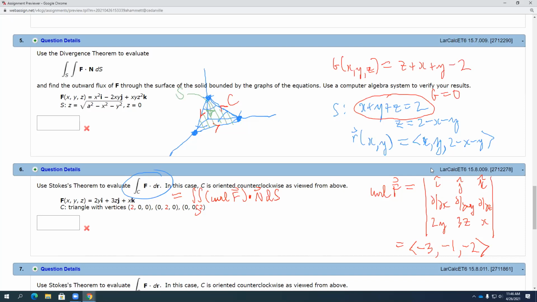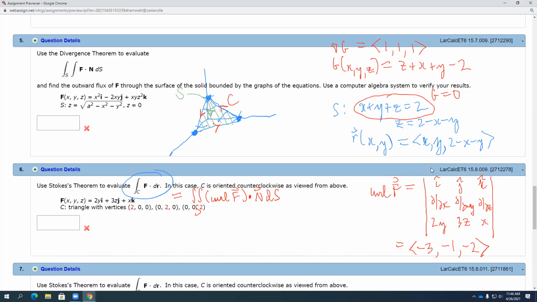If I want the upward oriented normal, I could compute the gradient of G, which is 1, 1, 1. How convenient. You would normally have to normalize that, but the dS part would cancel that normalization. We've seen that happen before.